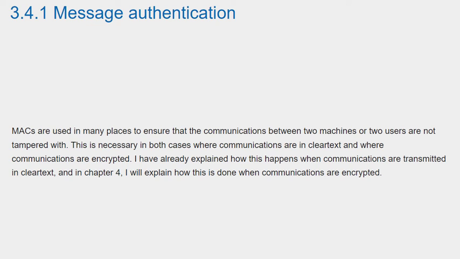MACs are used in many places to ensure that communications between 2 machines or 2 users are not tampered with. This is necessary in both cases where communications are in clear text and where communications are encrypted. I have already explained how this happens when communications are transmitted in clear text, and in Chapter 4, I will explain how this is done when communications are encrypted.